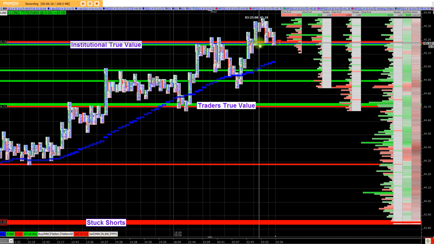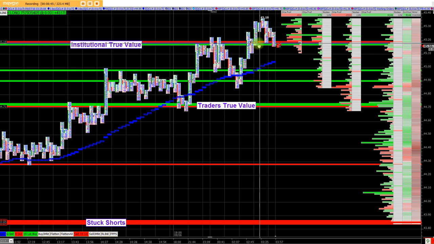A lot of people call them MOBs, make or break. We're in a position now to where they're either going to hit that bid hard, or they're going to start lifting the offer, and we're going to start moving higher. So this is a good point to start looking to initiate a position one way or the other.